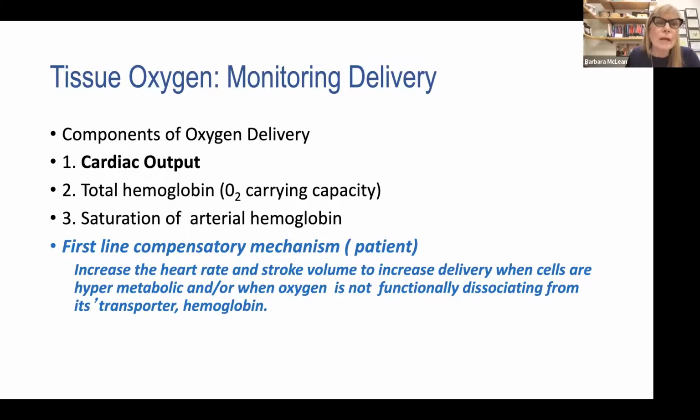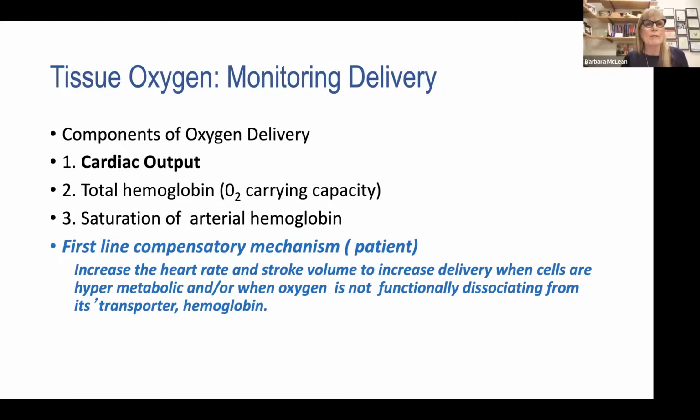You did not increase his cardiac output, even though you already knew he was consuming a lot of oxygen, because that's why his SvO2 is down, and he has an inadequate delivery. So you're putting your patient at risk when that occurs. So we have to pay a lot of attention to these numbers. They are just numbers, but they are part of a profile that tells us what's occurring.